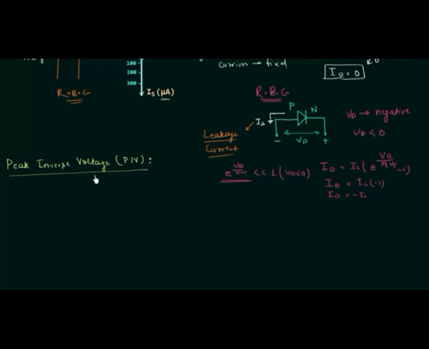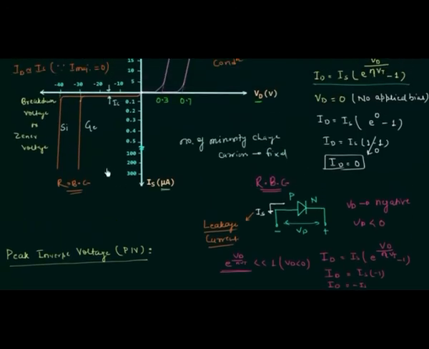What is peak inverse voltage? It is the maximum reverse bias voltage that can be applied across the diode before entering the Zener or breakdown region. So this is the maximum value of reverse bias voltage that we can apply across the diode before it enters the breakdown or Zener region.